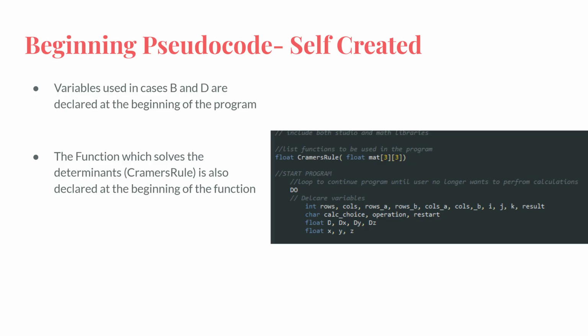I also went in and declared the variables, which include the variables for the calculation choice, whether or not the user wants to restart the program, along with all the various integers and floats that are used to create and calculate the various matrix calculations. I also have a do while loop that is running throughout the program to continue the program until the user selects no and no longer wants to perform calculations.